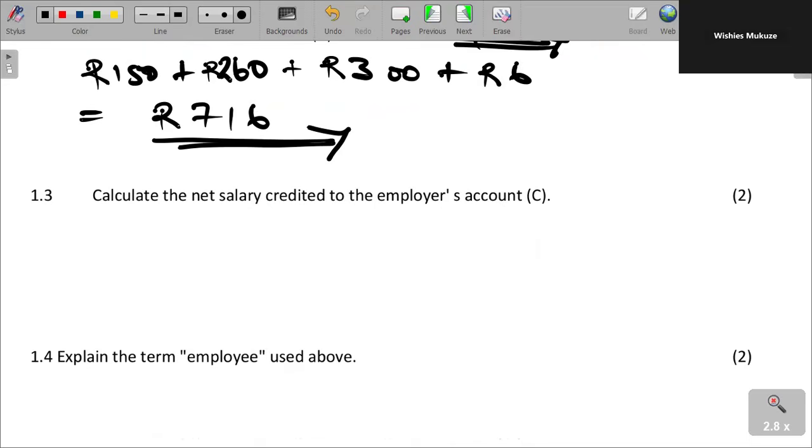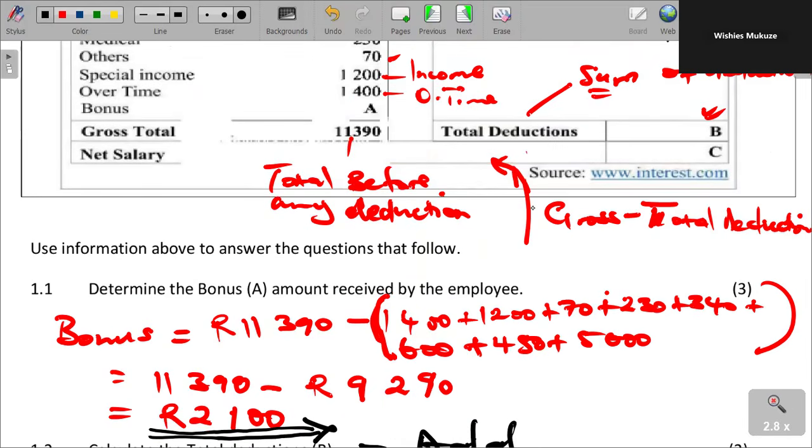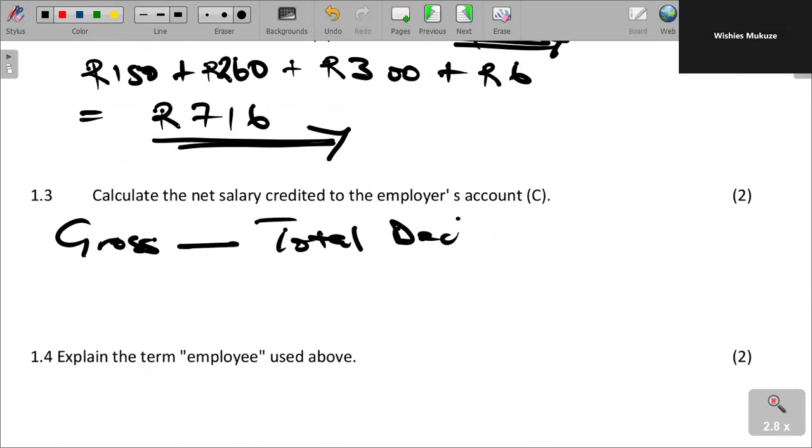And then calculate the net salary credited to the employee as account C. I have already given that C. We get it by what? Gross minus total deductions. C is equal to gross less total deductions.